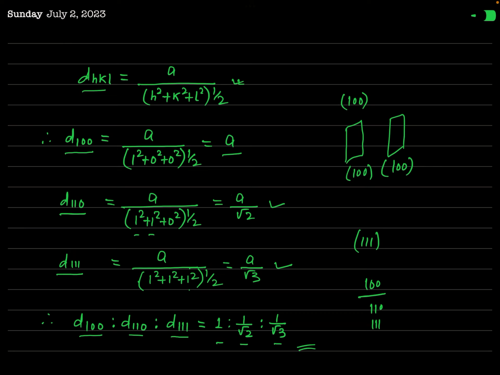Actually, when we talk about non-orthogonal lattices, such an expression may not be obtained easily. One may need to find the unit vector n hat by some other method, or direction cosines by some other method. So this is the simplest situation, but this is very important, particularly for your examination purpose.